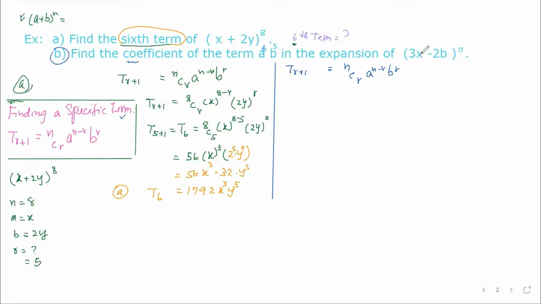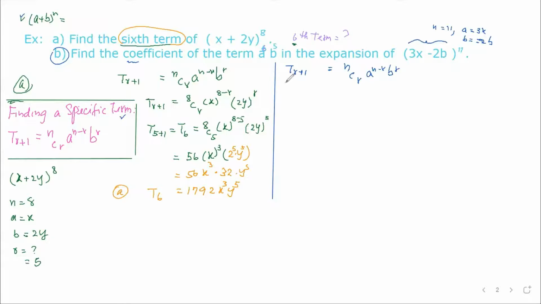Now from this one, we can write down n equal to 11, and from the formula a equals 3x, and then b equals negative 2b.